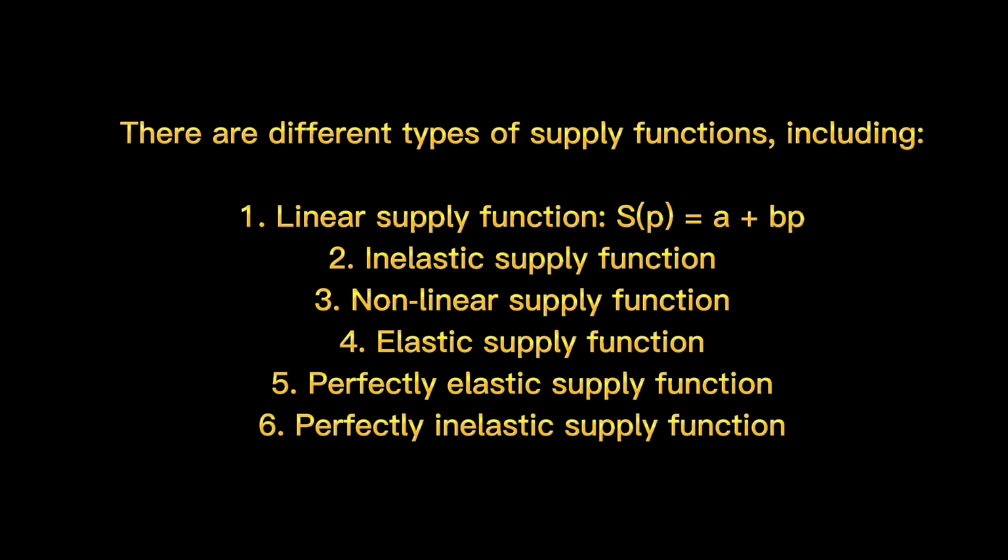This is a supply function in which the quantity supplied is infinite at a given price and 0 at any higher price. Perfectly inelastic supply function is a supply function in which the quantity supplied does not change at all in response to changes in price. All of these types of functions are used to help understand the behavior of firms in a market and the relationship between price, quantity supplied, and other factors that influence the supply of a good or service.